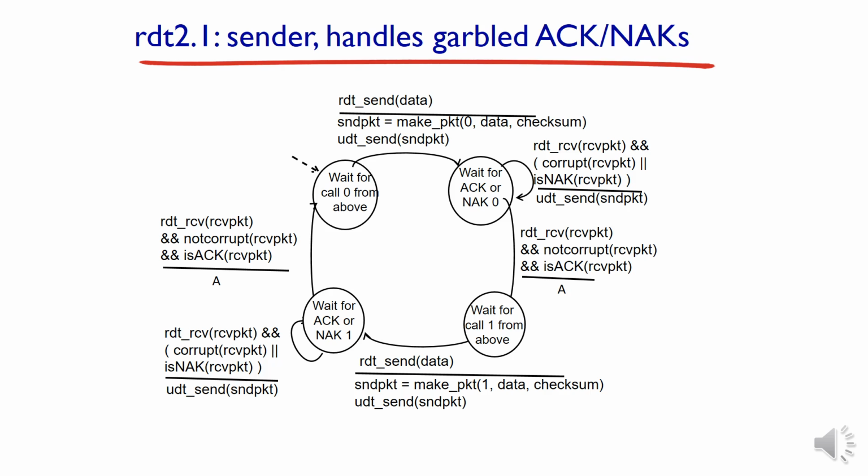Then two different negative scenarios are explained here. These self loops represent the negative scenario. What is a negative scenario? A packet is received, where RDT receive is the method invoked by the lower layer, or the endpoint of the link layer. When a packet is received at the sending side, the received packet is the acknowledgement, ACK or NAK.